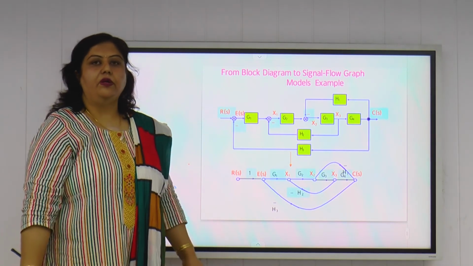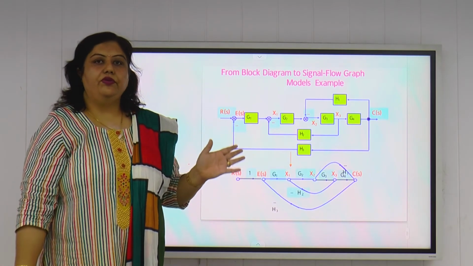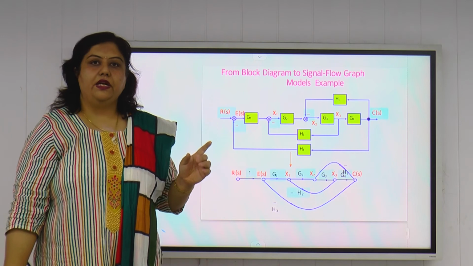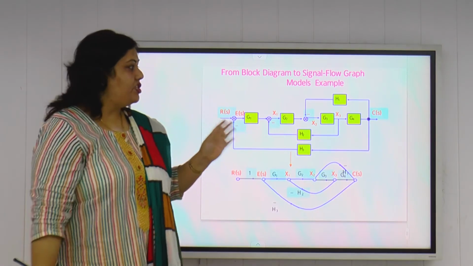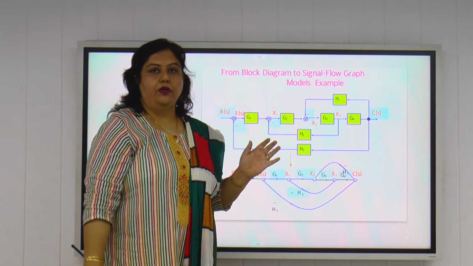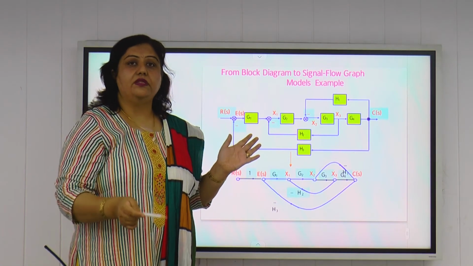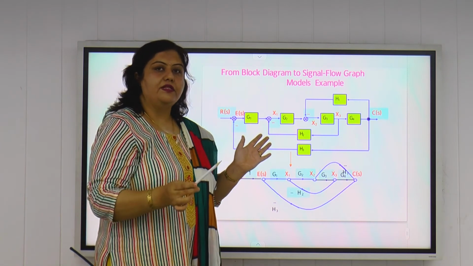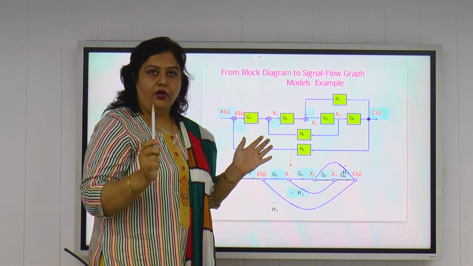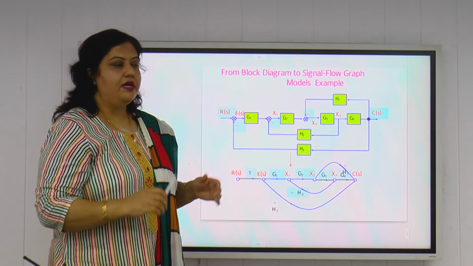This is very easy to convert a block diagram into a signal flow graph because the only rule we have to remember is that we have to represent each comparator and each takeoff point with a separate node. But the only condition is that if the takeoff point comes just after the summing point, they will be considered as a single node, and if the takeoff point comes before a summing point, they will be considered as separate nodes.